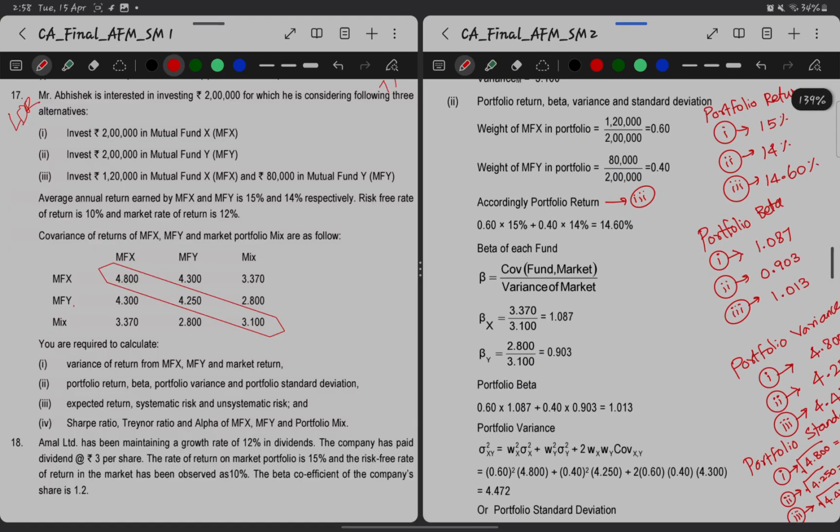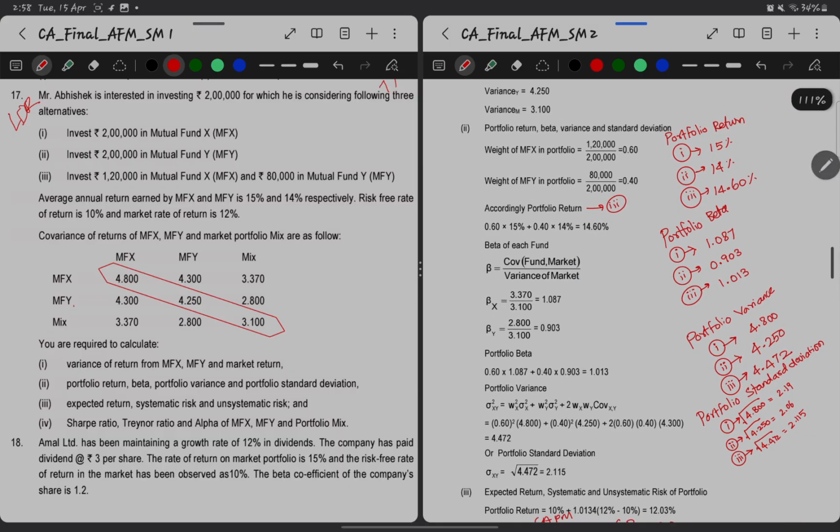Now the second requirement is portfolio return, beta, portfolio variance and portfolio standard deviation. Here ICAI has considered only the third alternative as the portfolio, which is 1,20,000 in X and 80,000 in Y, but I would suggest writing all three in the exams, as even the first alternative will be considered a portfolio.